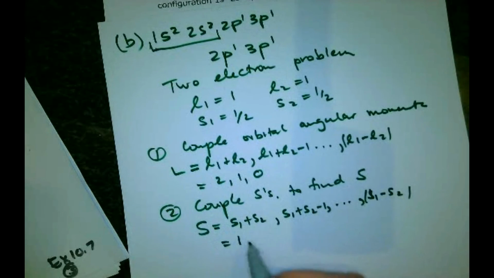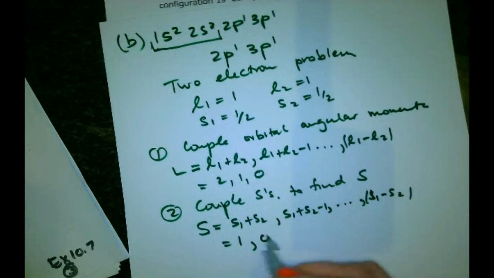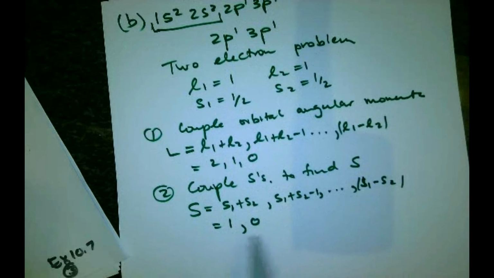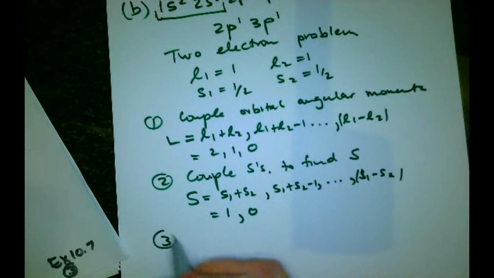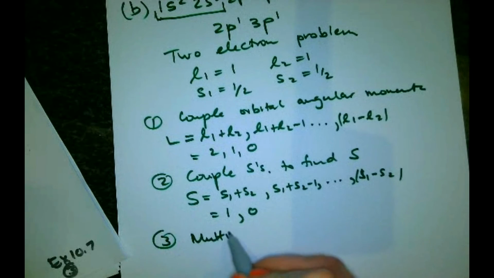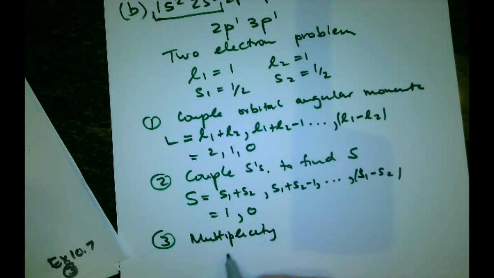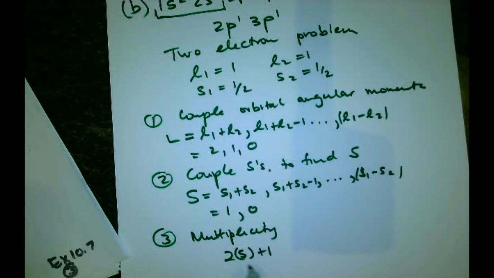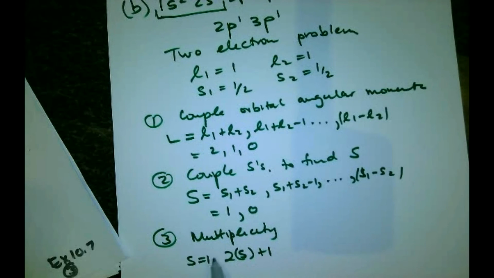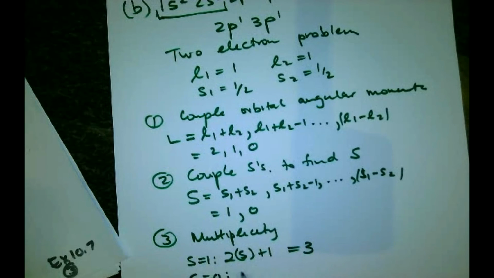Half plus a half is 1, half minus a half is 0. So remember we said for 2 electrons, your total spin angular momentum is always 1 or 0. Let's get the multiplicity. In the S equal to 1 case, the multiplicity is 3. In the S equal to 0 case, the multiplicity is equal to 1.